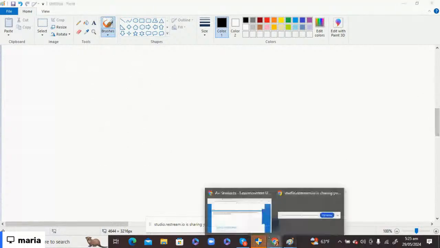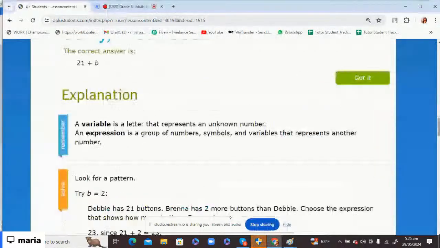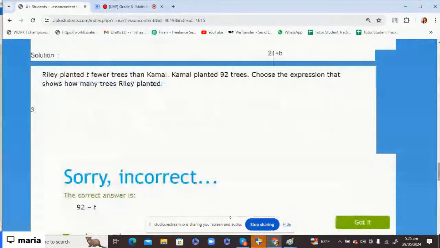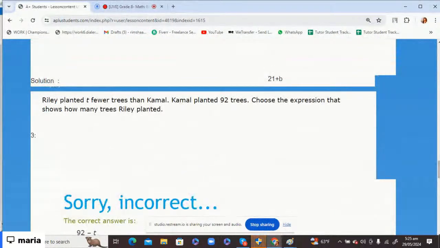Now let's do the next question. Riley planted T fewer trees than Cameron. T fewer than Cameron. Cameron planted 92 trees. And how many did Riley plant?